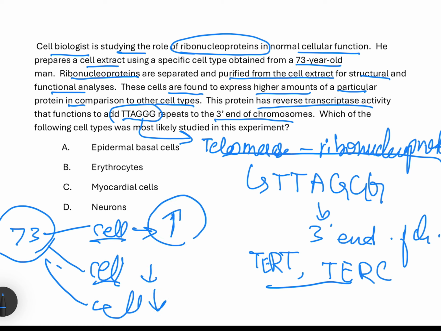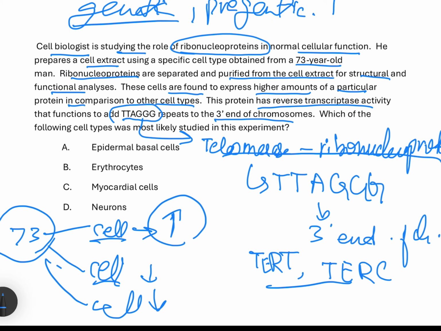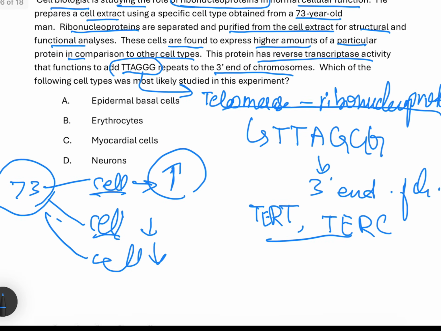So what is happening? If you know about aging, it also depends on genetics. If you remember, in the aging session there were three things: genetic, epigenetic, and metabolism alteration. Those were the three things on which aging depends.